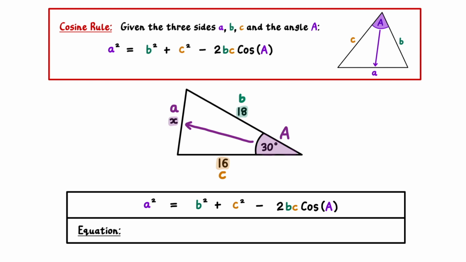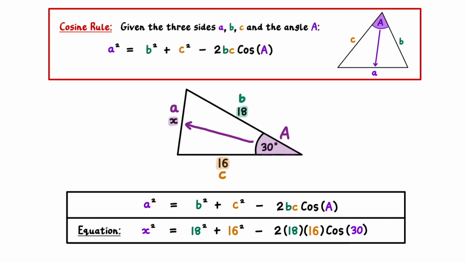The cosine rule states that a squared equals b squared plus c squared minus 2 times b times c times the cosine of capital A. Since a equals x, b equals 18, c equals 16, and capital A equals 30, this becomes x squared equals 18 squared plus 16 squared minus 2 times 18 times 16 times the cosine of 30.